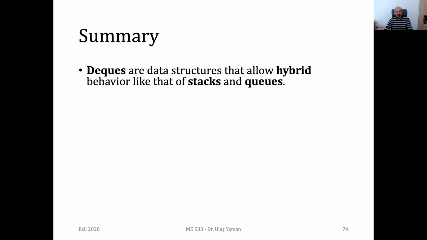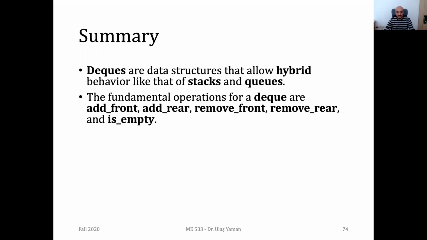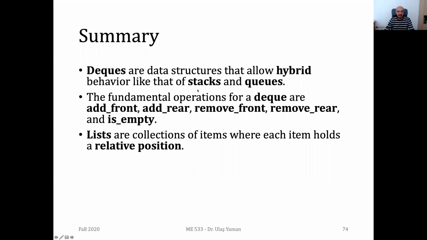And we said that decks are another type of linear data structure, and it's a kind of hybrid of stacks and queues. You have almost no restriction in terms of adding and removing items. You can perform these operations at the front or at the rear of the data structure.